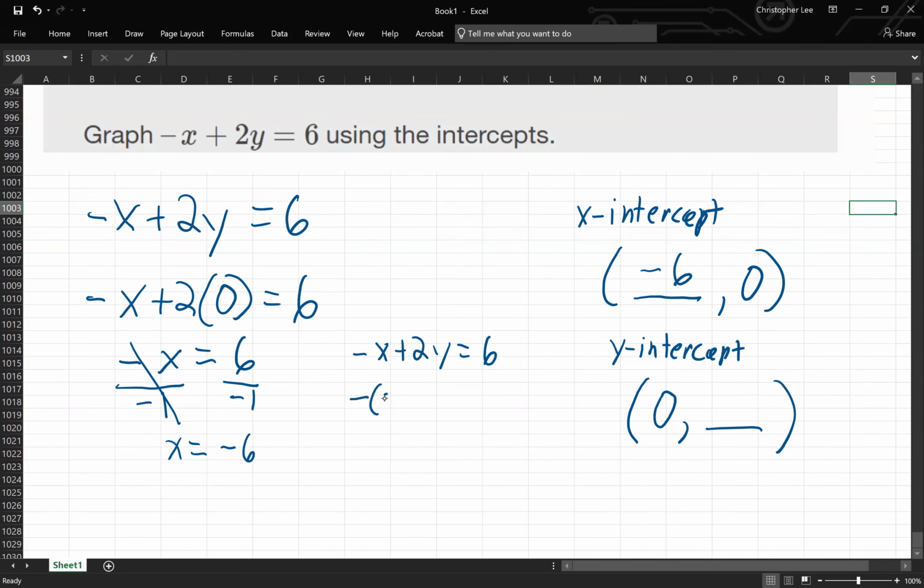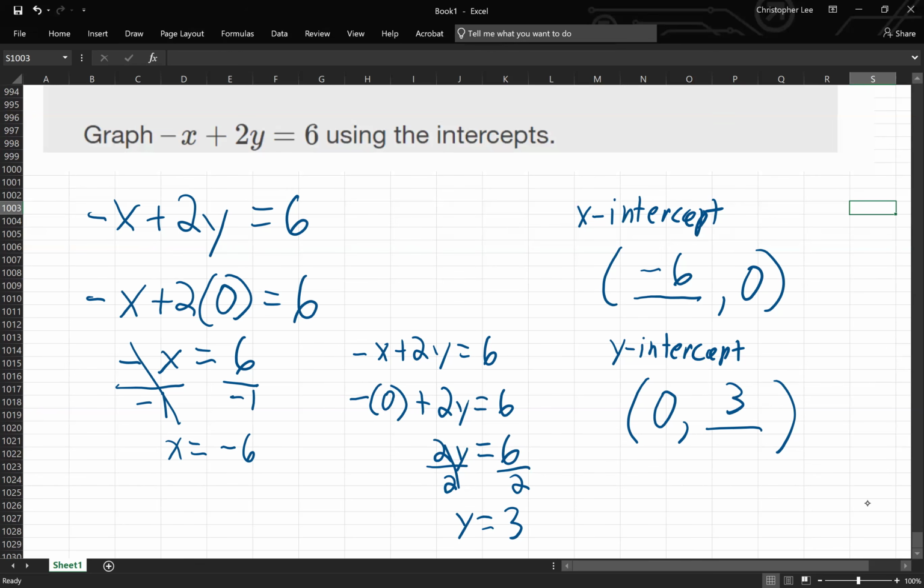This becomes negative times 0 plus 2y is equal to 6. Now, you know anything times 0 is just 0, right? So this is 2y is equal to 6. I want to solve for y, so I'm going to divide by 2. Well, what I do to one side, you know I got to do to the other. So this is just y equals 3. Bam. So now I have my x-intercept. I have my y-intercept. All I have to do is graph that.